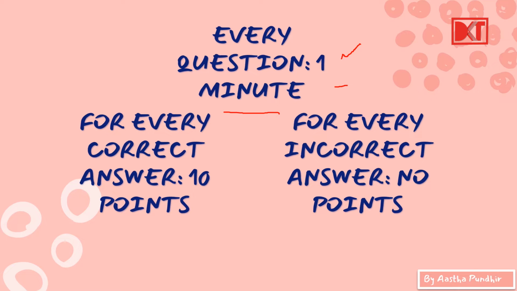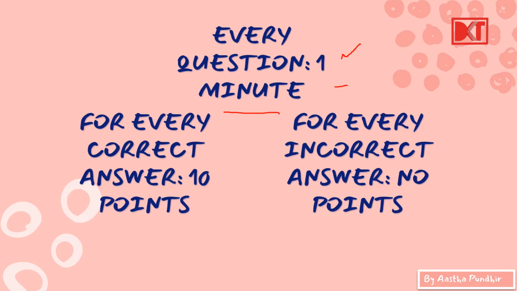Now this 1 minute is the maximum that you should be taking for answering a question. Suppose there could be two, three categories of students. First category: suppose you answer the question within that 1 minute. So I would request you to fast forward the video and skip right to the answer. You should not be wasting your time.